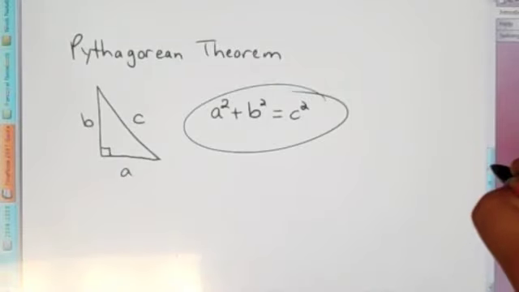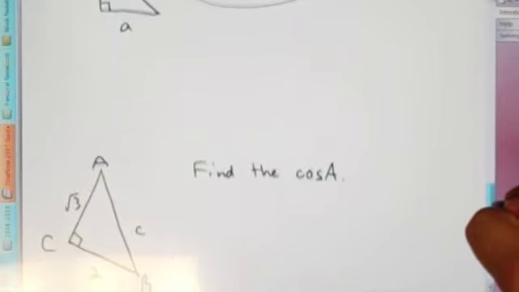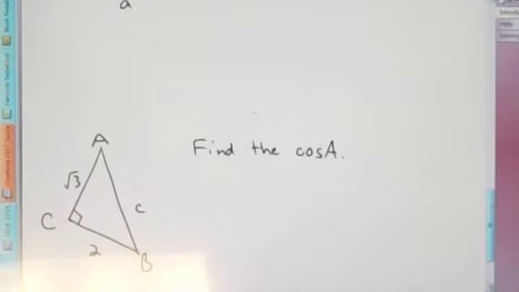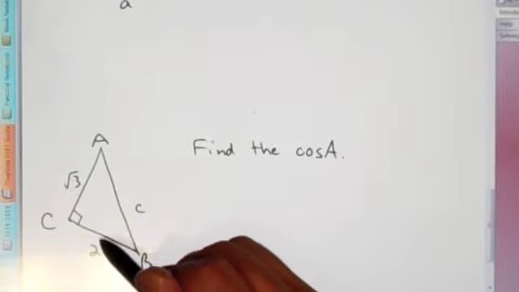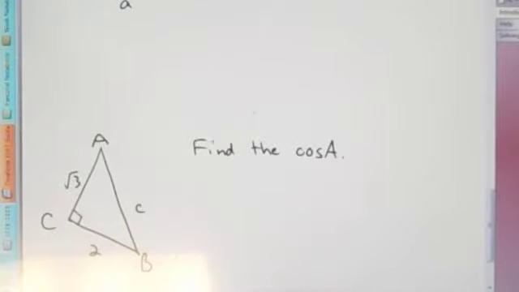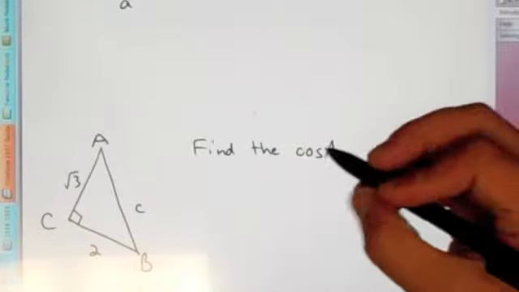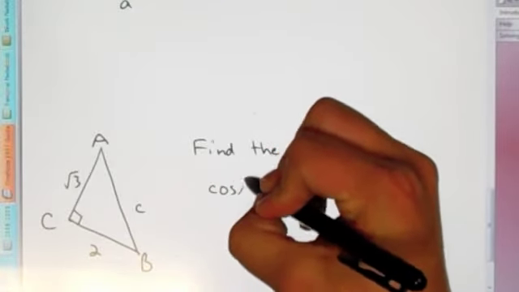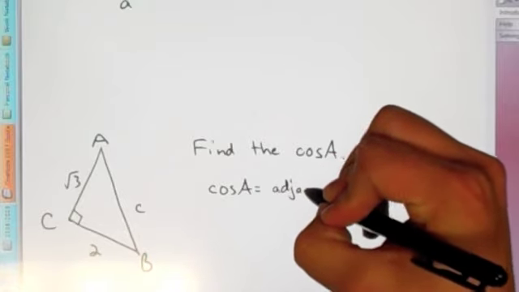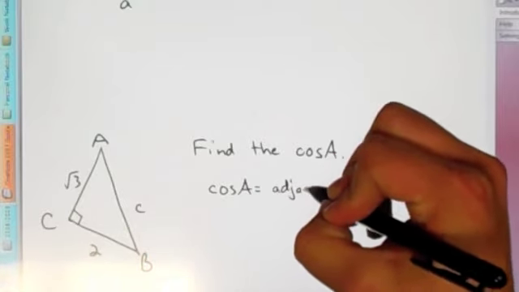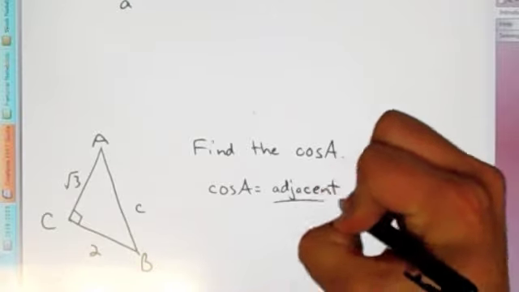So let's put that into practice. Here we have a triangle. Root 3 is this side, so side B. Side A is 2, and side C we don't know, and we need to find the cosine of A. Well, cosine is adjacent over hypotenuse.